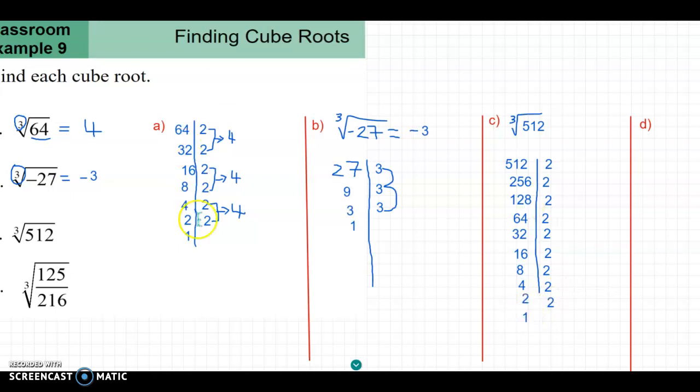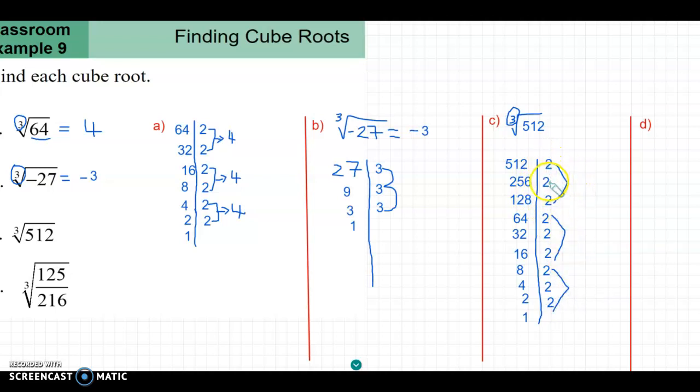Okay, so look at all these factors that we have. We have 1, 2, 3, 4, 5, 6, 7, 8, 9 factors. 9 factors, but we need to make groups of 3 to get the cubic root. So we're going to start creating the groups. So it will be 1, 2, and 3 groups, okay?